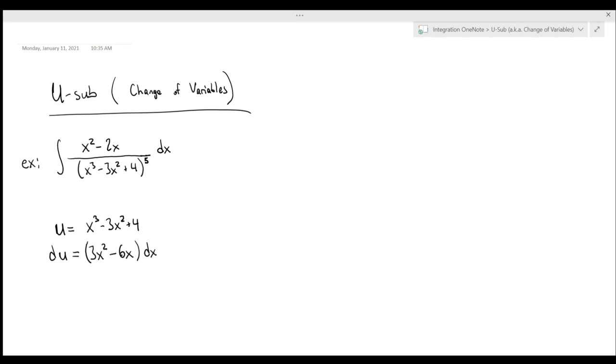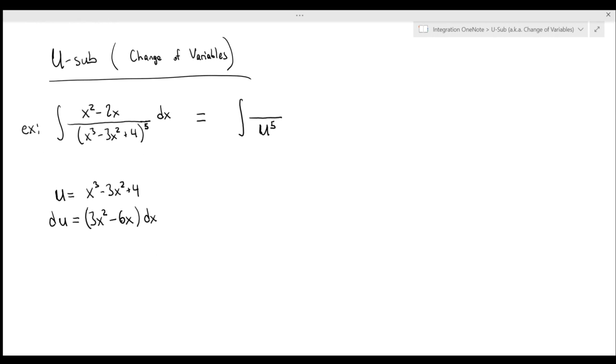Now, looking inside the integral right now, we can rewrite this integral in terms of the variable u. So in the denominator, this would become u to the 5th power. Now, what we also need to do is rewrite everything in the numerator in terms of u as well.